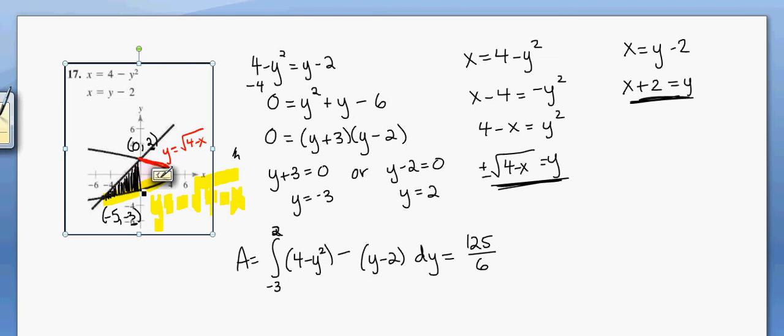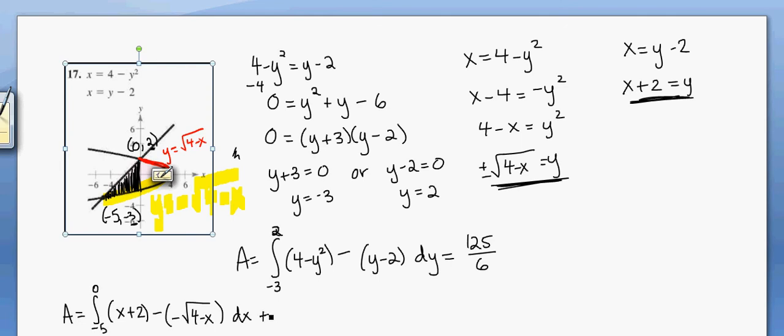So the first region is the line in terms of x, which is x plus 2, minus the bottom half of the parabola, which is negative the square root of 4 minus x. Those are the bounds from x equals -5 to x equals 0.